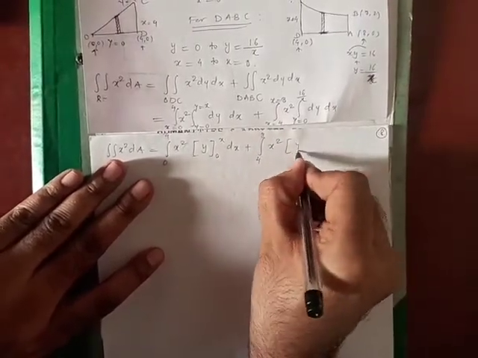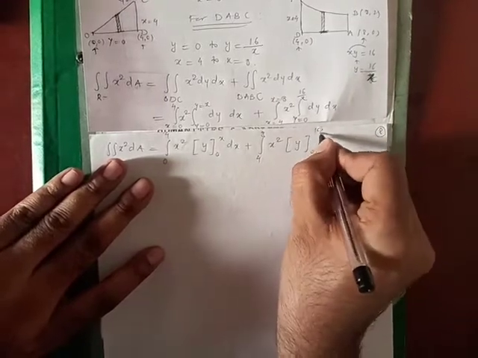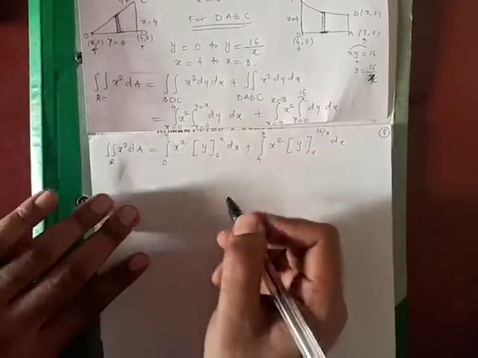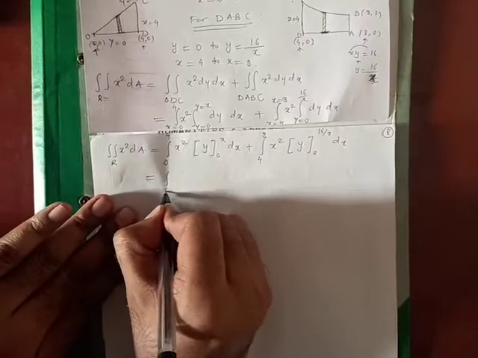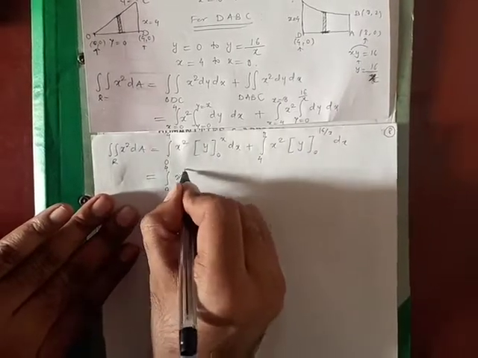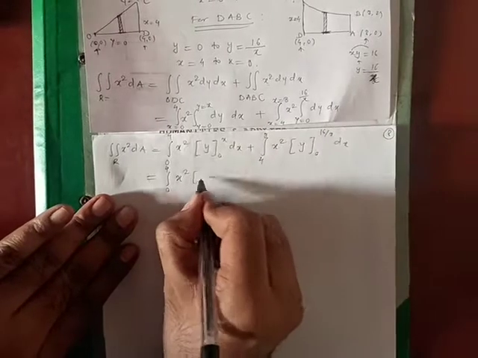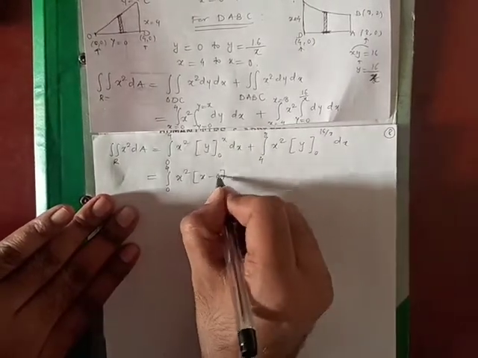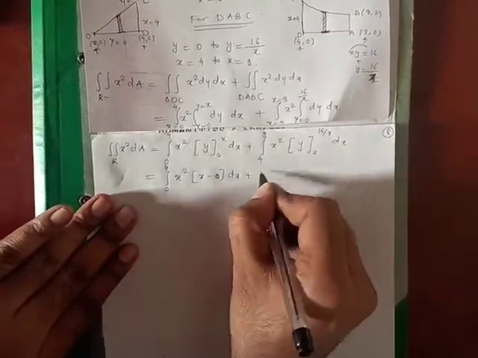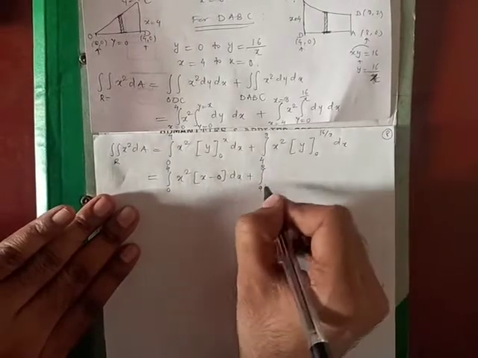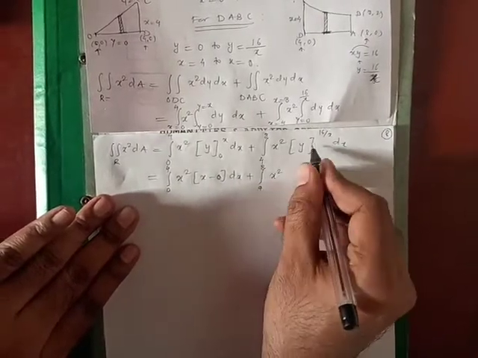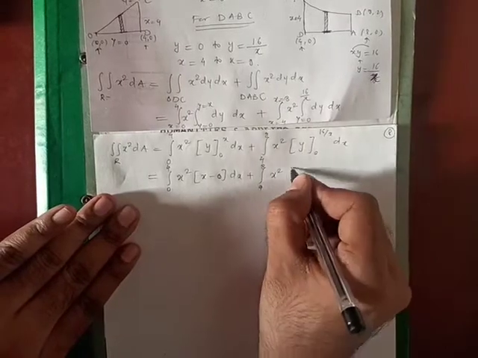Integration of dy is y from 0 to 16 upon x into dx. Simplify this. Integration from 0 to 4, x square as it is. Integration of upper limit and lower limit now. This is x minus 0 into dx plus integration 4 to 8, x square as it is, 16 upon x minus 0.